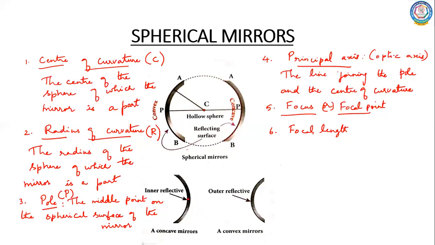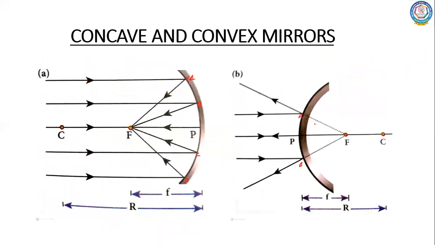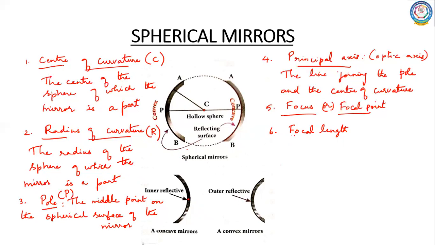So what is focal length? Again, let us go back to the diagram. Now this is the principal focus. Hope you are very clear about this. The distance between the pole P and the focus F is what you call the focal length of the mirror.